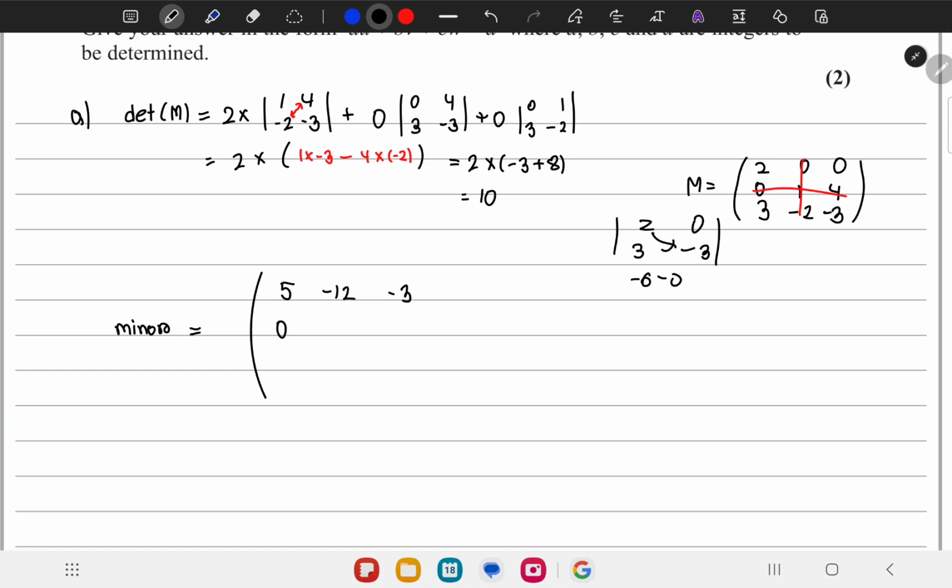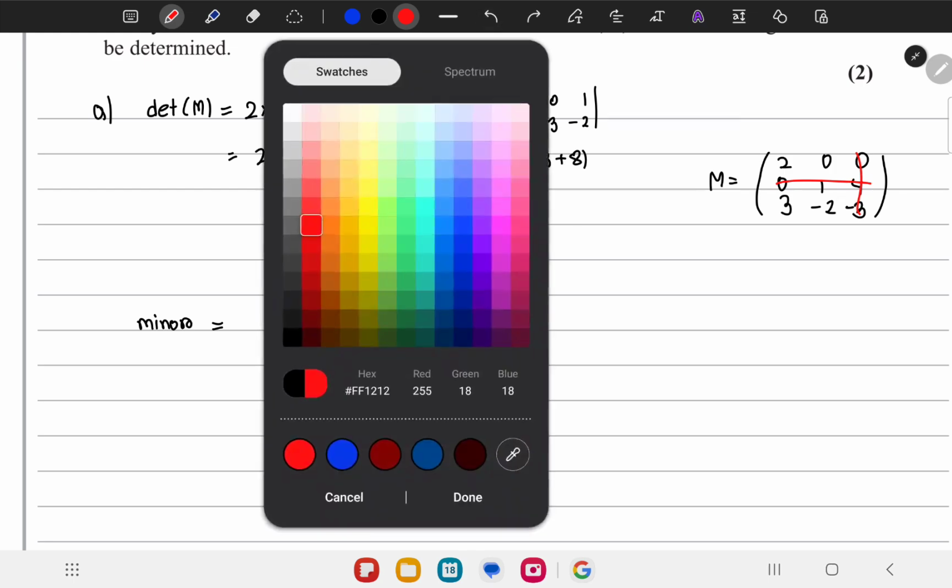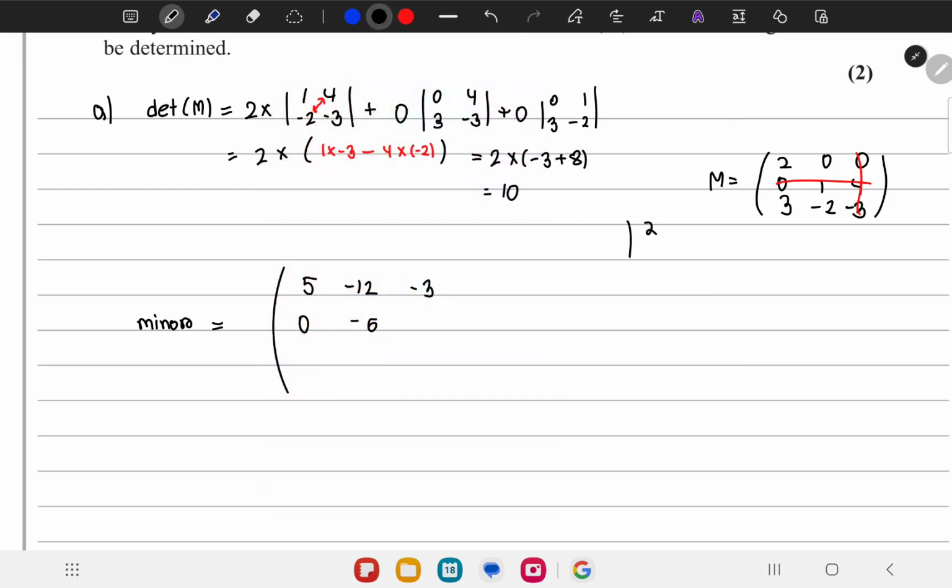So this is minus 6 minus 0, minus 6. Then for this entry, 2, 3, I get the determinant of 2, 0, 3 minus 2. 2 times minus 2 is minus 4, and that's the determinant.